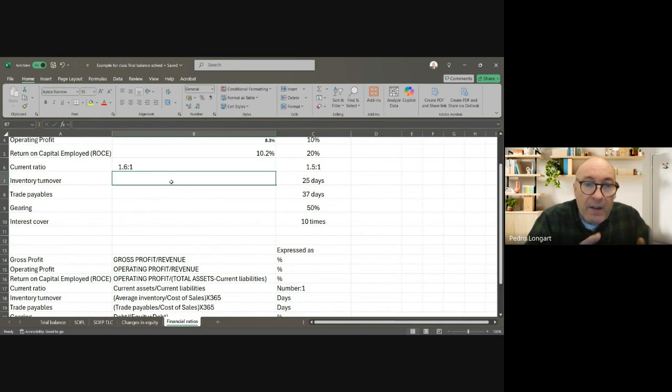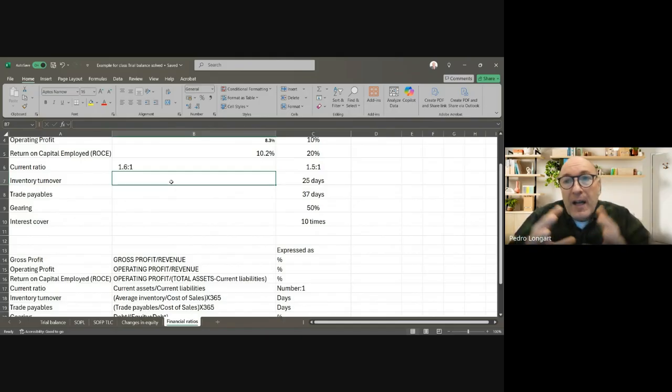Now, the first thing I need to know is my average inventory. The average inventory is an average. So I don't know exactly how much I have, but as a rule of thumb, I can take the closing inventory plus the opening inventory and divide that by 2.